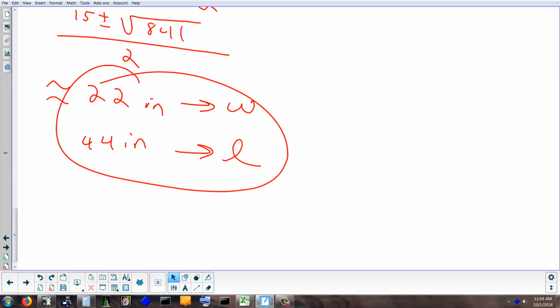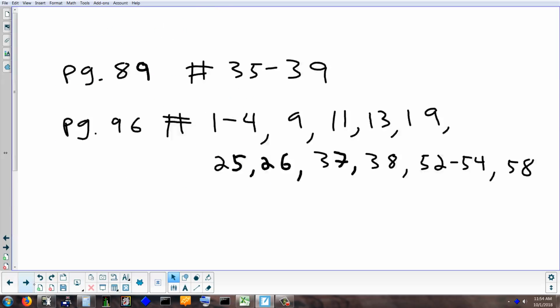Okay, so that's solving linear equations and then quadratic equations. A couple different ways, factoring or completing the square. Factoring or quadratic formula. So page 89, 35 to 39, that's really one big question. It's a break-even problem. So I think it's like find a formula for cost, find a formula for revenue, graph them, tell me where they break even.